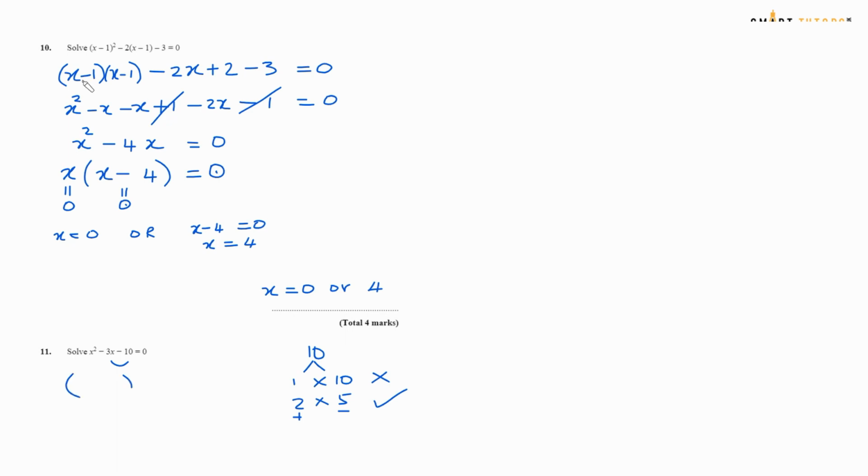So 2 brackets, x plus 2, x minus 5, equals 0. So x plus 2 equals 0, you get the answer x equals minus 2, or x minus 5 equals 0, so x equals 5. So the two possible answers are minus 2 or 5.